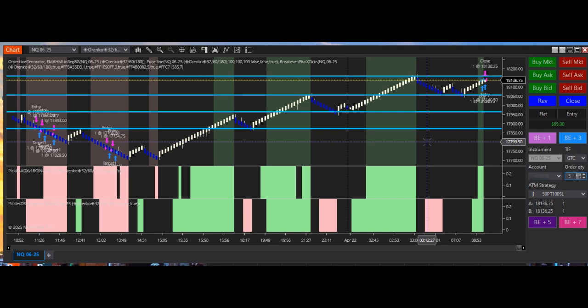So right now I have 5 contracts. Now I'm waiting for a setup, and I have my ATM set at 50 ticks. That means once I get into a trade at 50 ticks, that 50 ticks equals $250, and with 5 contracts, that will give you $1,250.